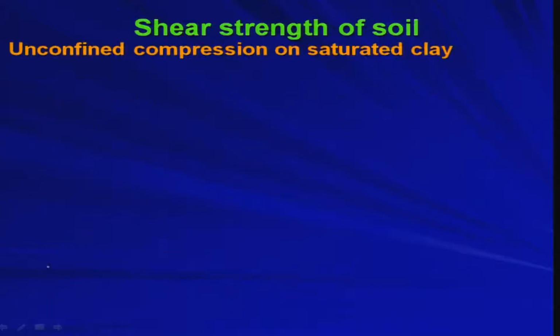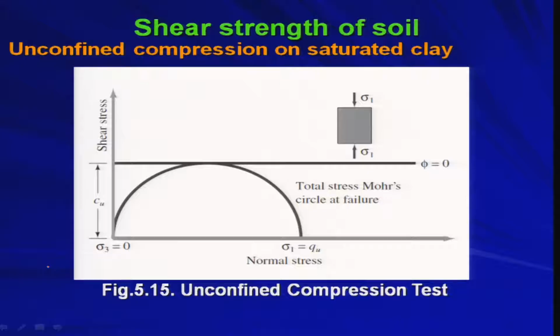If you look at this figure, it will be clear to you. In case of the unconfined compression test, you do not have any sigma 3, only sigma 1 is acting in the axial direction. If you want to plot this state of stress in shear stress versus normal stress space with the help of the Mohr circle, then this will be your sigma 3, that is 0, and this will be your sigma 1, that is nothing but Qu, your unconfined compression strength.